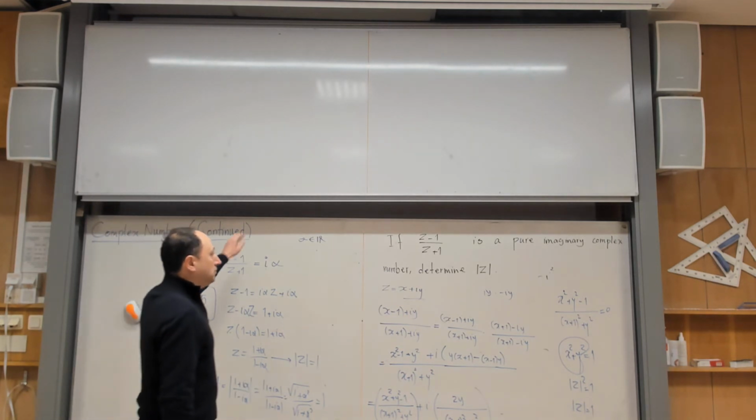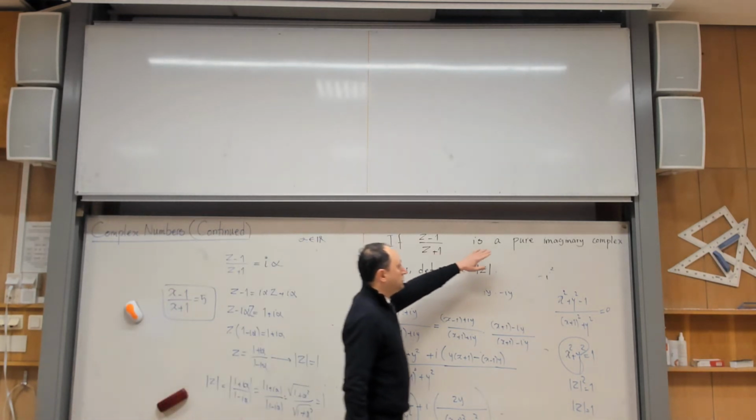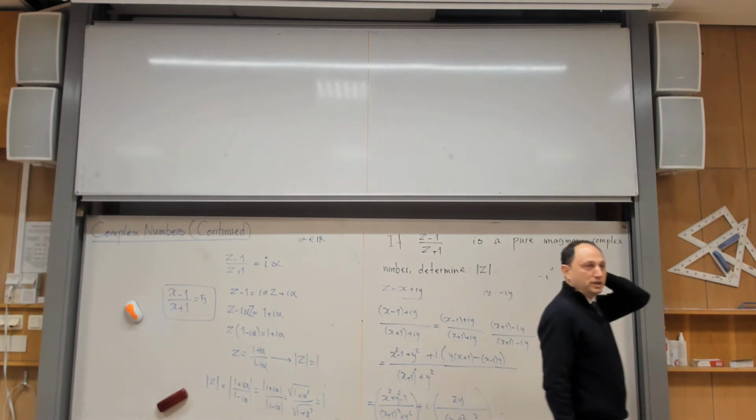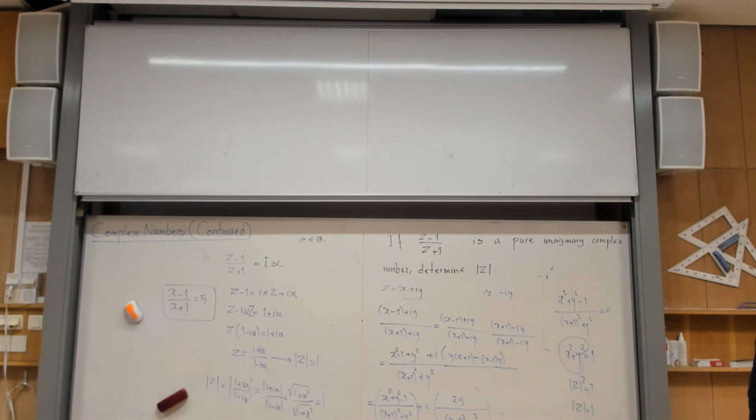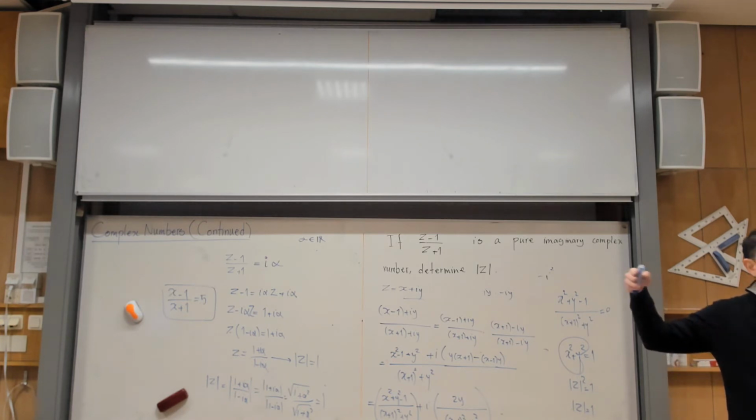Okay, can you tell me how you can interpret a pure imaginary number in a different way? By bringing the notion of the conjugate in. If you have a pure imaginary number and you take its conjugate, how is this new number related to the old one?